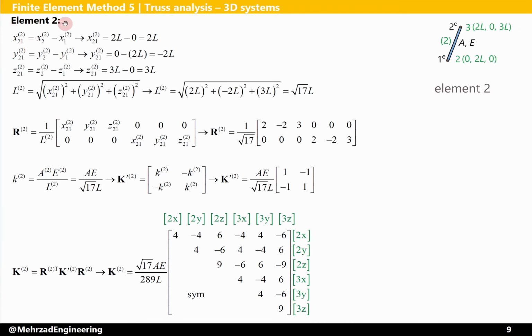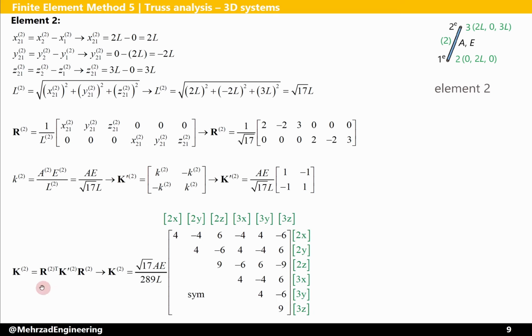For element number 2 we could do the same. First of all, we need to find the rotation matrix based on nodal coordinates of element number 2, and then we need to find the stiffness matrix in the local coordinate system.